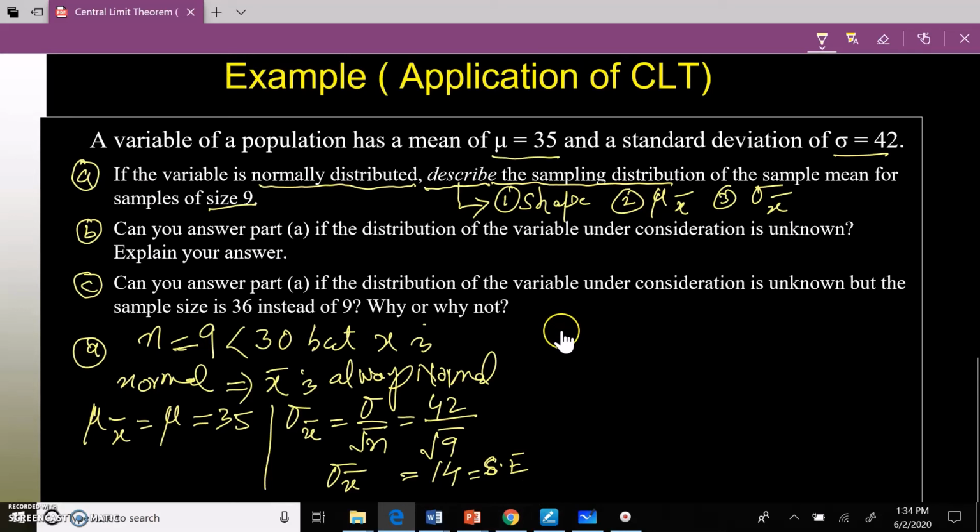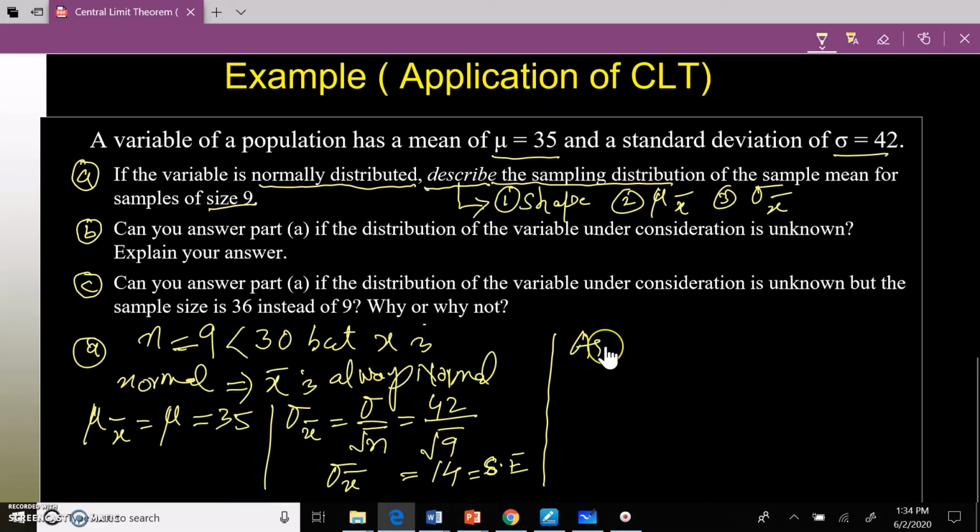Okay. Now let's go to the second part, part B. What part B says: can you answer part A if the distribution of the variable under consideration is unknown? Look at that.